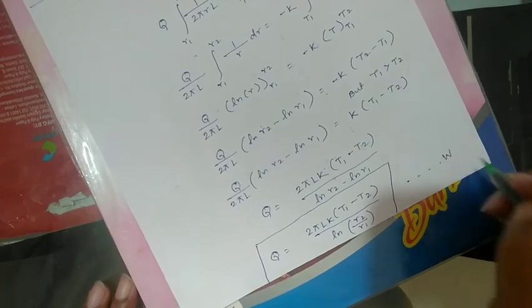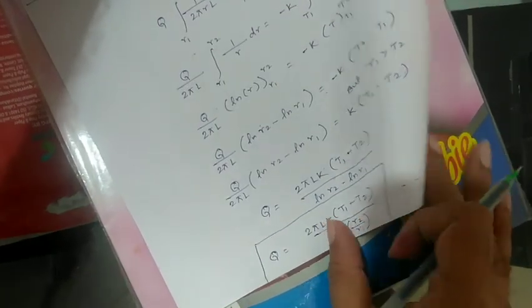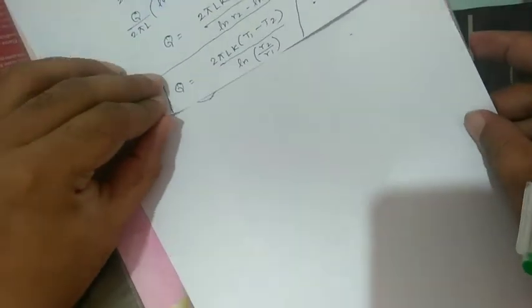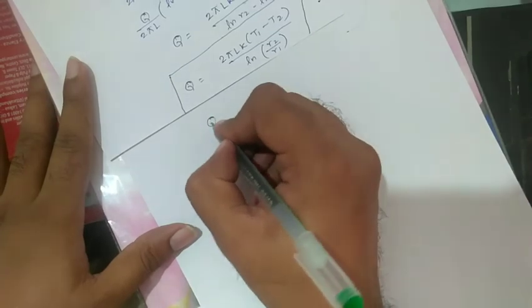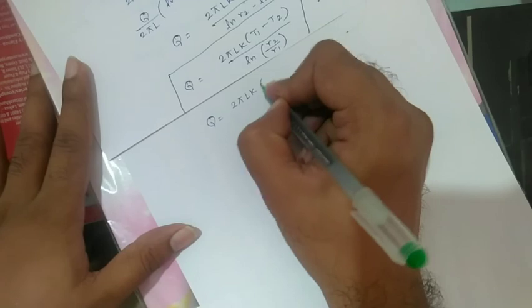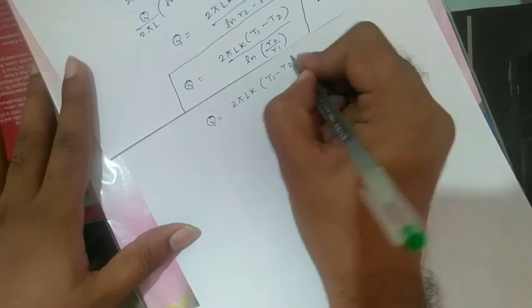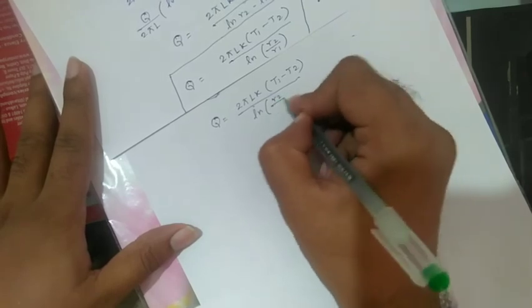Now, if someone asks you to find the value of temperature at radius r, how are you going to find it? In continuation with this, you first have Q equal to 2 pi L K times t1 minus t2 divided by ln of r2 by r1.